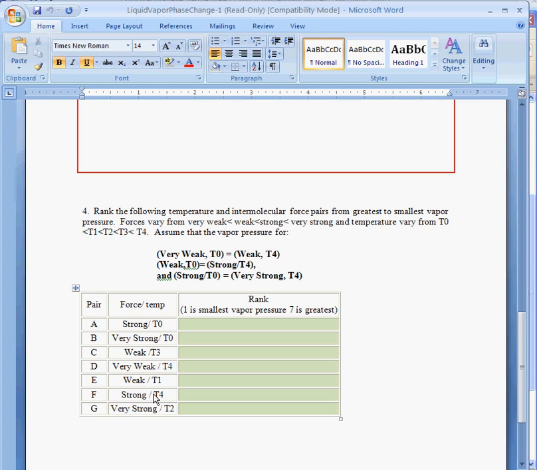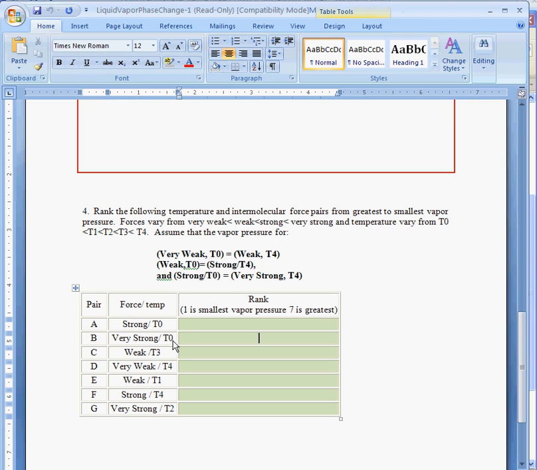Let me just give you a hint. Of all of these, which would represent the very lowest vapor pressure? Well, that would be the one that is coldest with the strongest intermolecular binding force. So a very strong and cold, this would be our number 1.